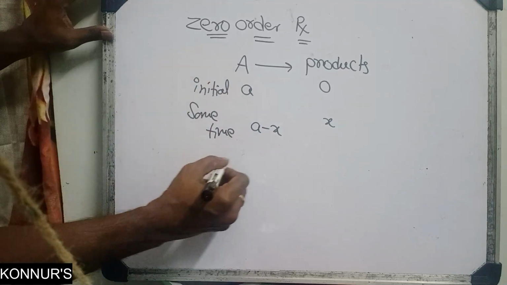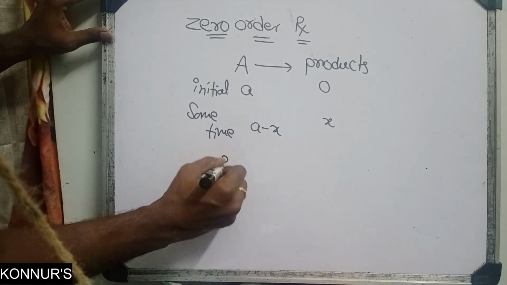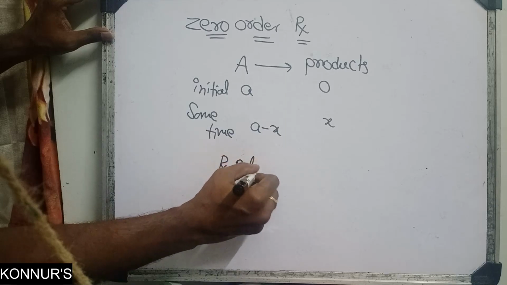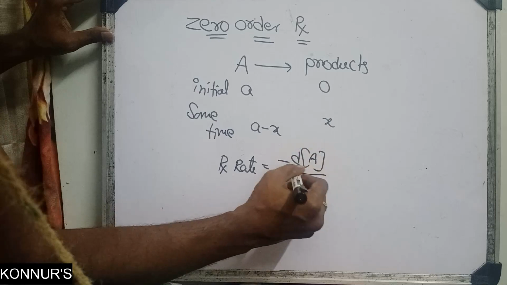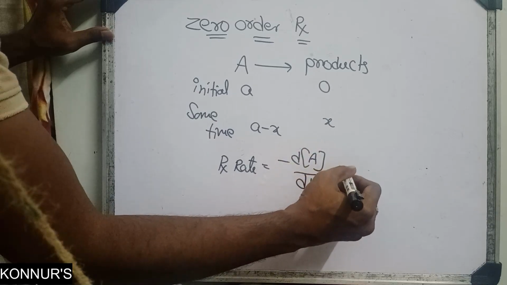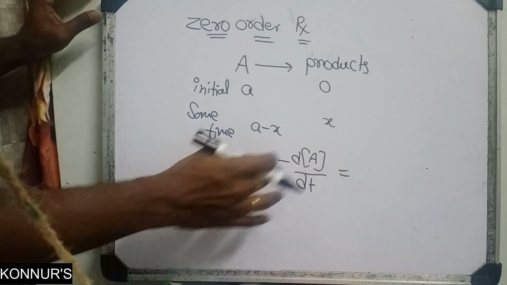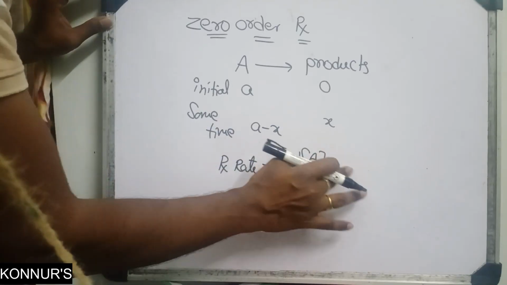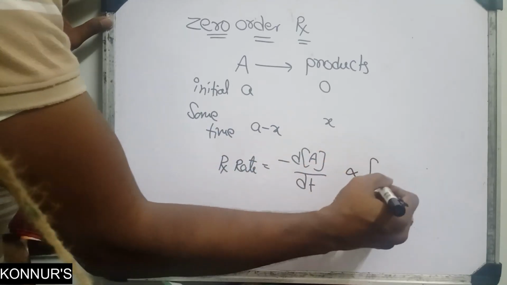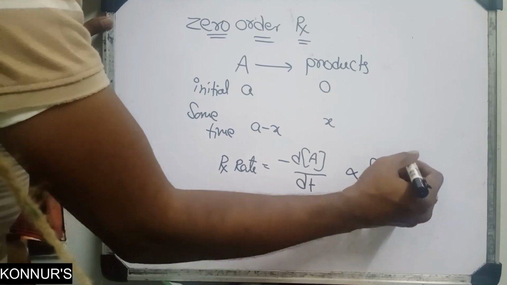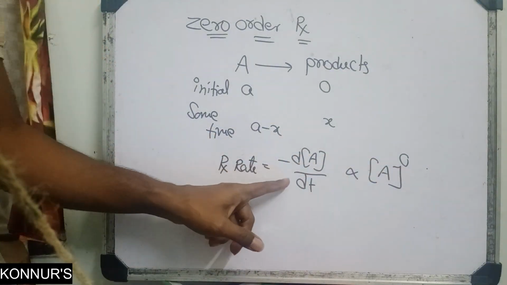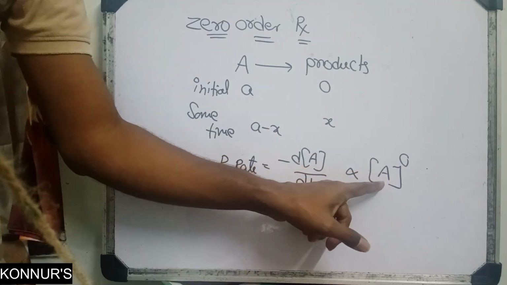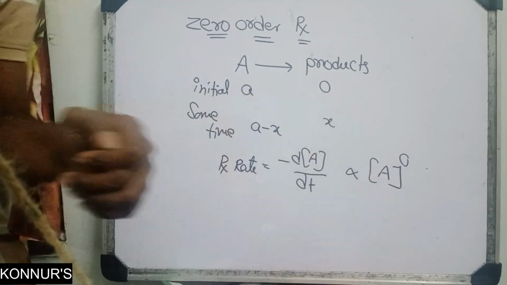So what is the rate of reaction? Reaction rate equals minus d of A concentration by dt, that is directly proportional to A power 0. That 0 means the rate of the reaction is not depending on the concentration of A.